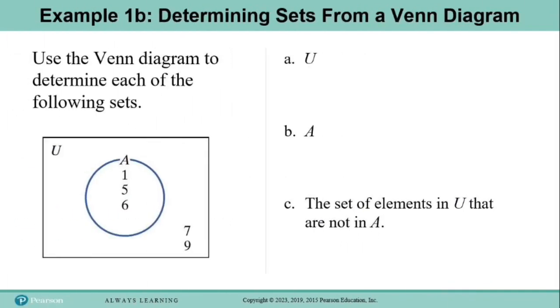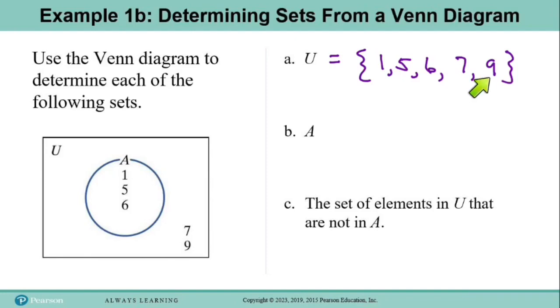Okay, now let's go through example 1b together. So the elements in the universal set will be 1, 5, 6, 7, and 9. Don't forget to use the proper notation, so make sure that you list all of these elements separated by commas and that you put them inside a pair of curly braces. Now remember from earlier that the order of the elements doesn't matter.